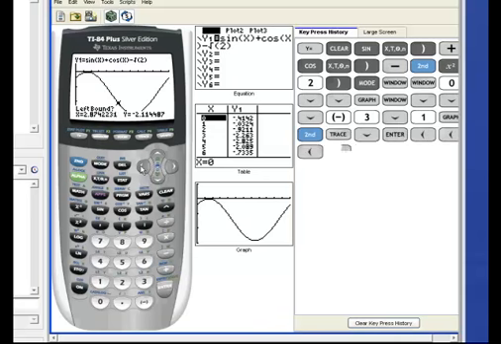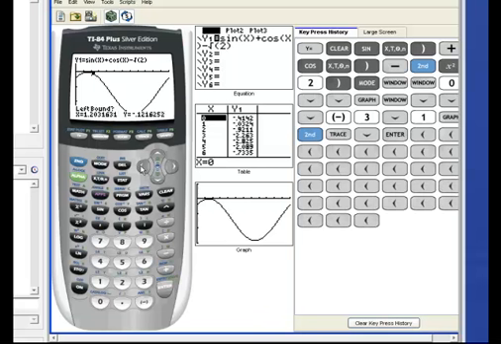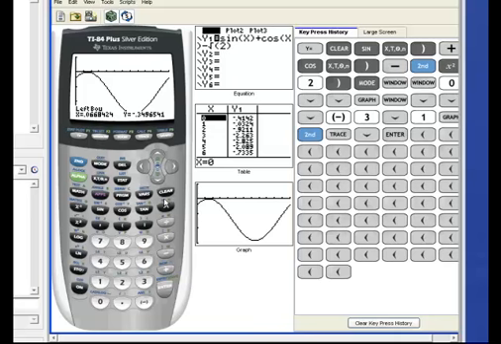Let's see where we are. I have to go back here quite a bit, maybe for the left bound. Oh, no, I'm too far.